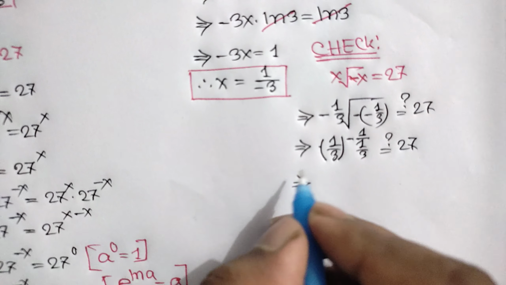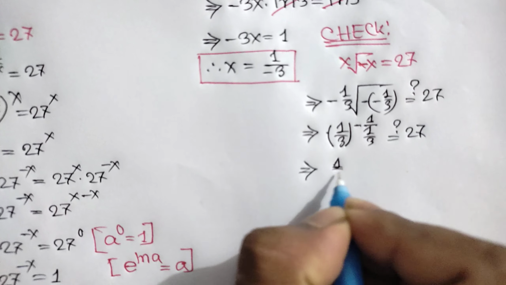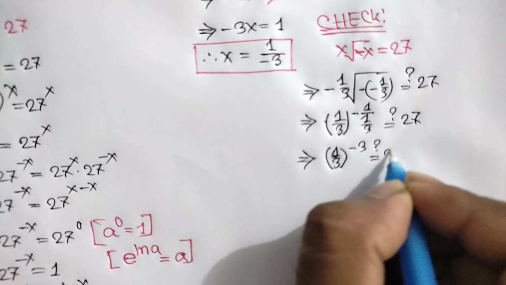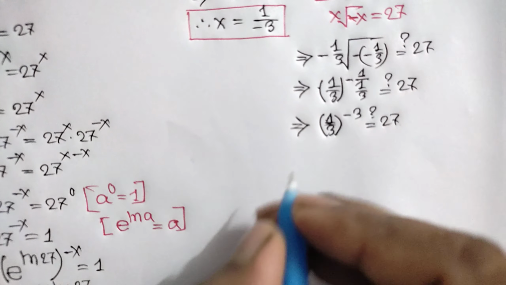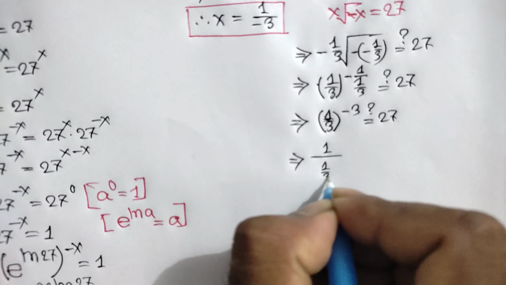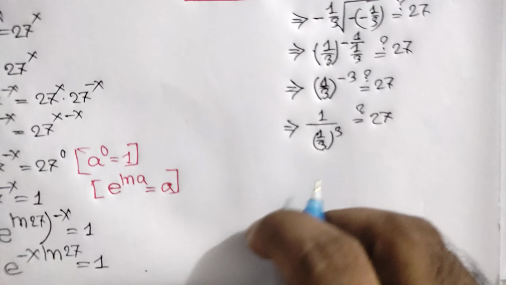Here we will get (1 over 3) to the power negative 3, is it equal to 27? Now we can write (1 over 3) cube, is it equal to 27?